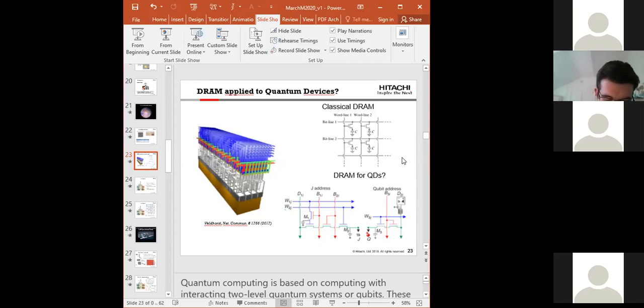Okay. But I guess the vision there is to fabricate the quantum device, which is this bottom layer, and the control transistor, which is this other layer here, all with CMOS technology. Yeah. That's going to be very hard.